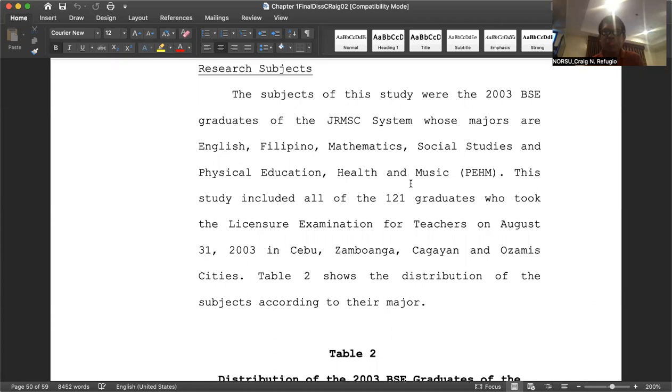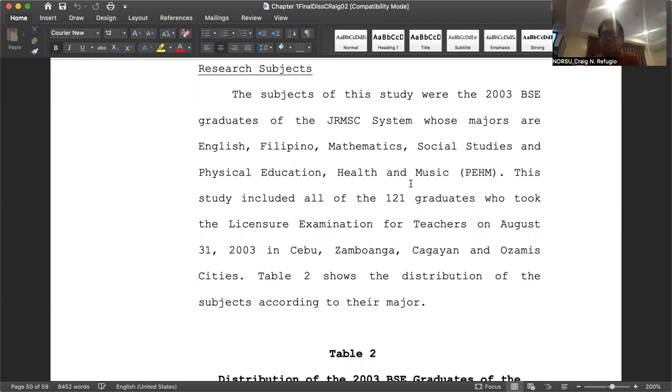If you're going to give a questionnaire and let the participants answer, then the appropriate term is research respondents or respondents of the study. But if you don't ask for any response from the participants, then you're going to have research subjects or research participants.